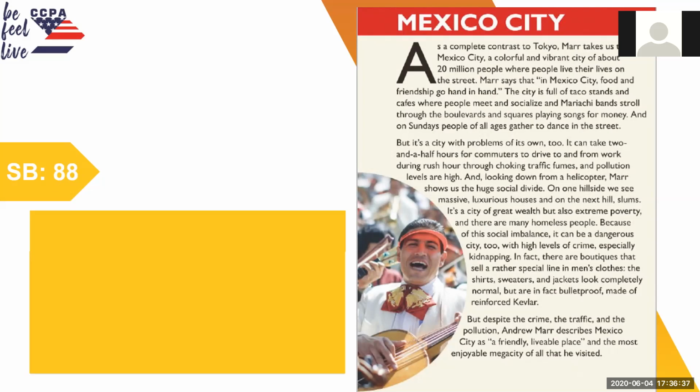On one hillside, we see massive luxurious houses, and on the next hill, slums. It's a city of great wealth but also extreme poverty, and there are many homeless people. Because of this social imbalance, it can be dangerous. It can be a dangerous city too, with high levels of crime, especially kidnapping.